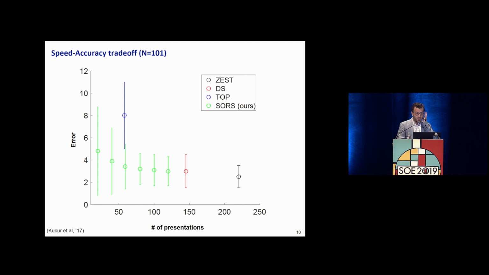And so we've done this now in a roughly 100-patient prospective study, looking at a variety of different perimetry strategies. On the y-axis, you have the error of the acquired visual field, and on the horizontal axis at the bottom, you have time, or the number of presentations in the perimeter. In perimetry, you always have this speed-accuracy trade-off.